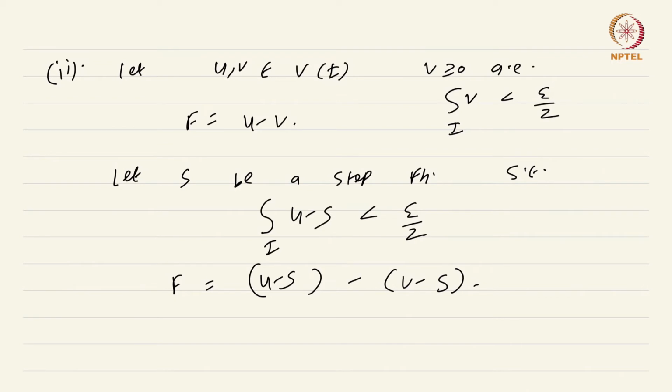Okay, and by our choice v minus s is an upper function, u minus s is also an upper function, and the integral of u minus s minus v. What is this integral going to be?